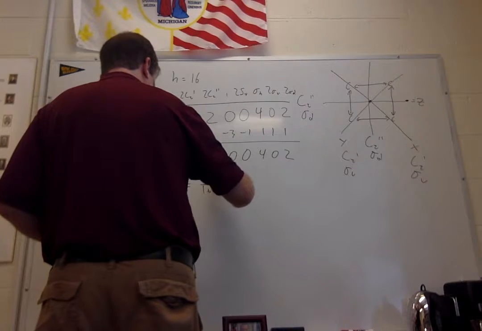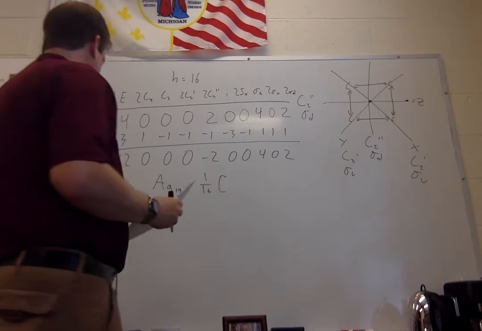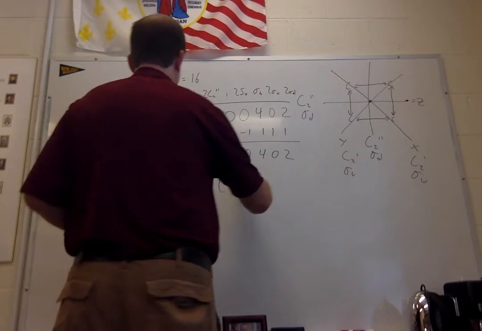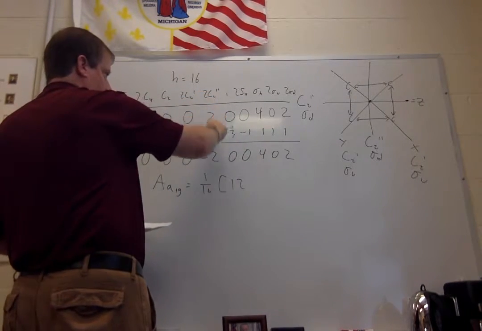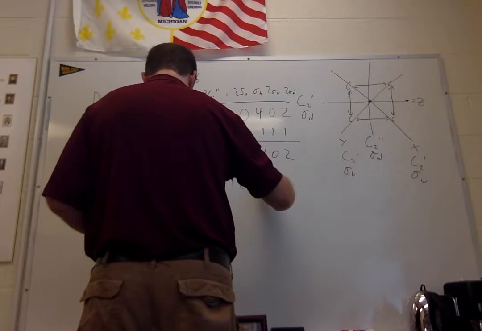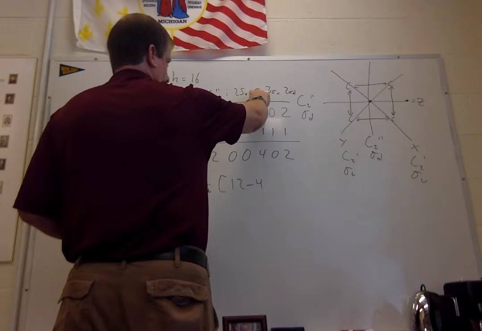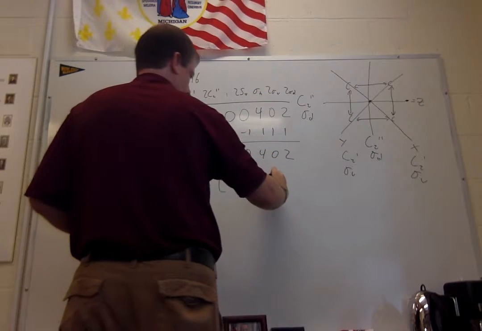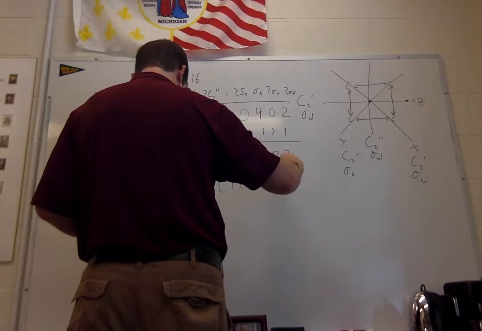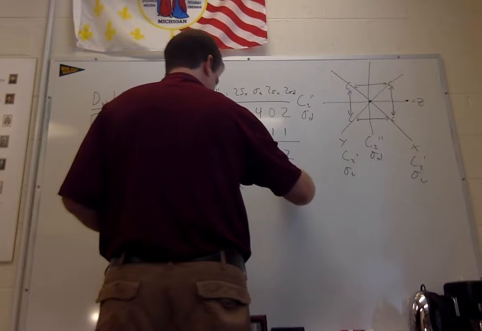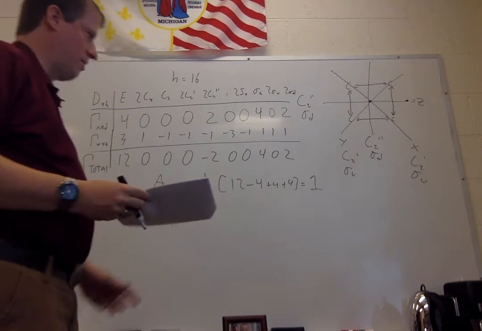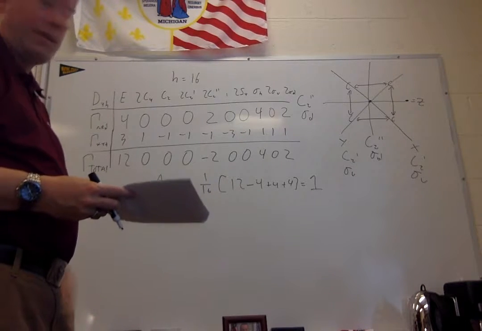And so the products that you're going to get, if they're all 1s, 1 times 12 times 1 is 12. 2 times minus 2 times 1 is negative 4. 1 times 4 times 1 is positive 4. And 2 times 2 times 1 is 4. And so that contributes 12 minus 4 plus 4 plus 4 is 16. 1 over 16 times 16 is 1.